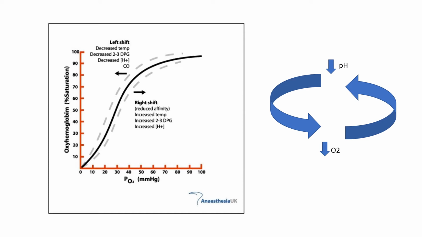And when that becomes steeper, then there will be less O2 delivered to the tissues, and that in turn will create more hypoxemia, and therefore lower pH, and it'll become an evil circle that can spiral out of control. Of course, this is a complex system. It doesn't always hold true, but that's why we are afraid of low pH.